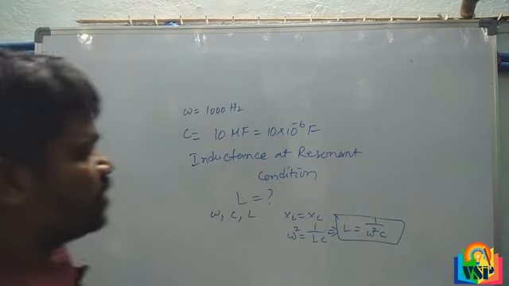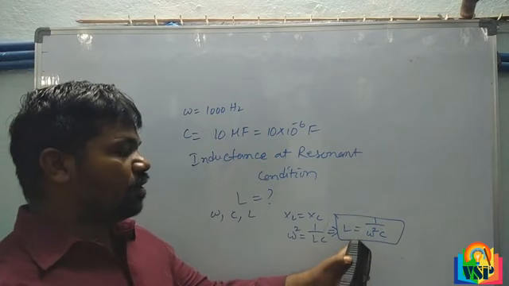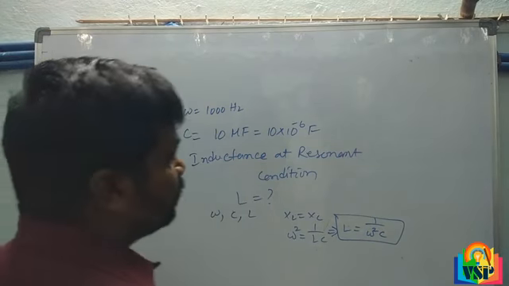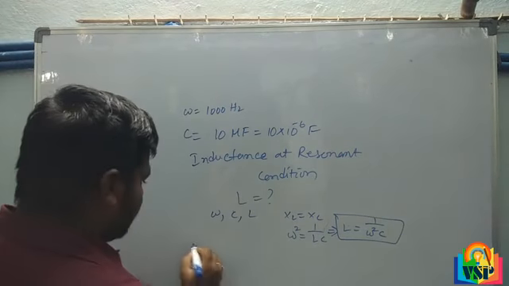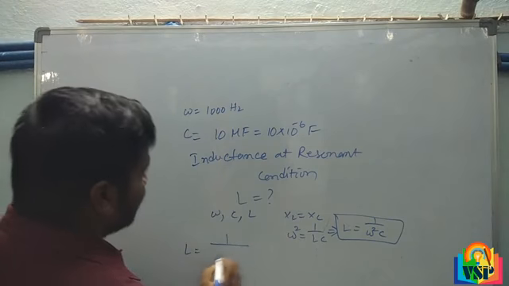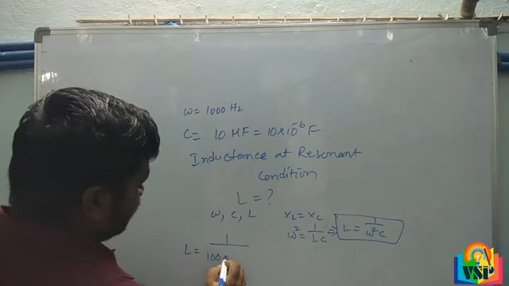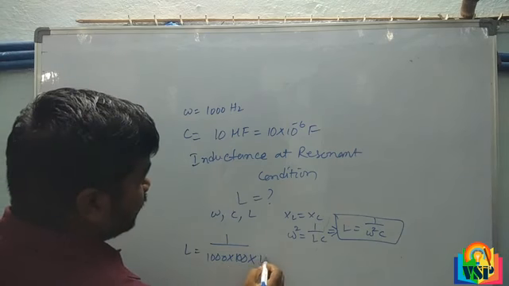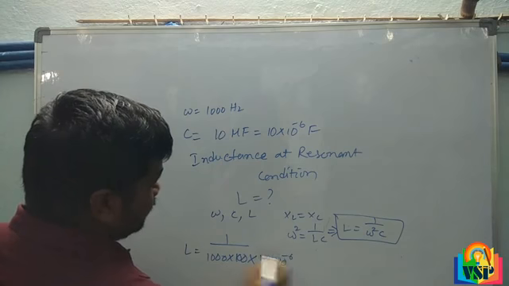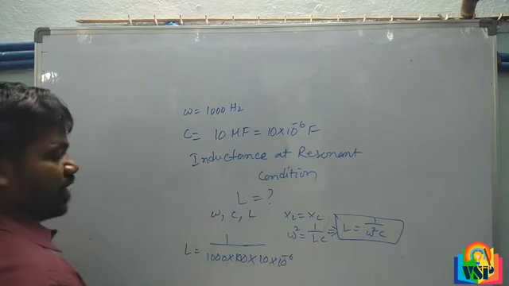So we can write L is equal to 1 divided by (1000 into 1000) into C, 10 into 10 power minus 6.